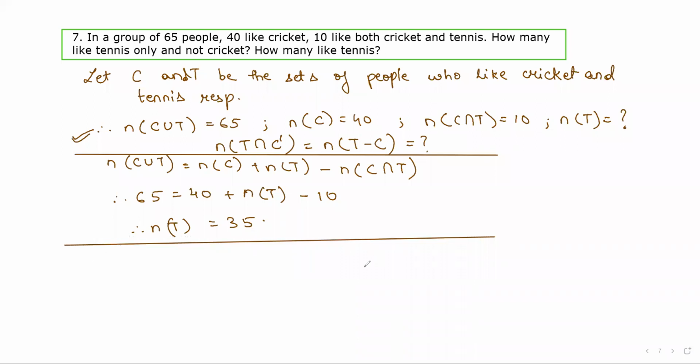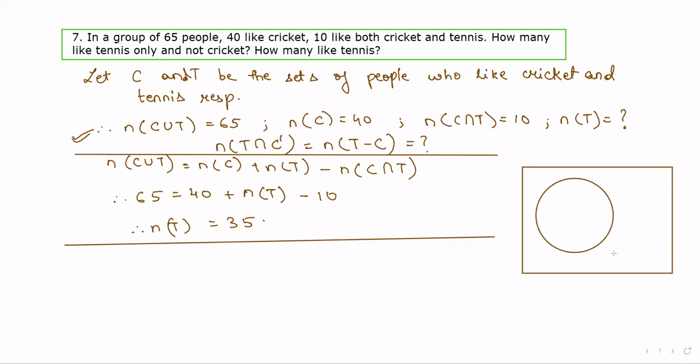We know that in any particular set, if you draw a Venn diagram, if you draw these elements T and C over here, you want tennis, that means you want the circle, but not cricket. This part is cricket. So this is the region that you require.